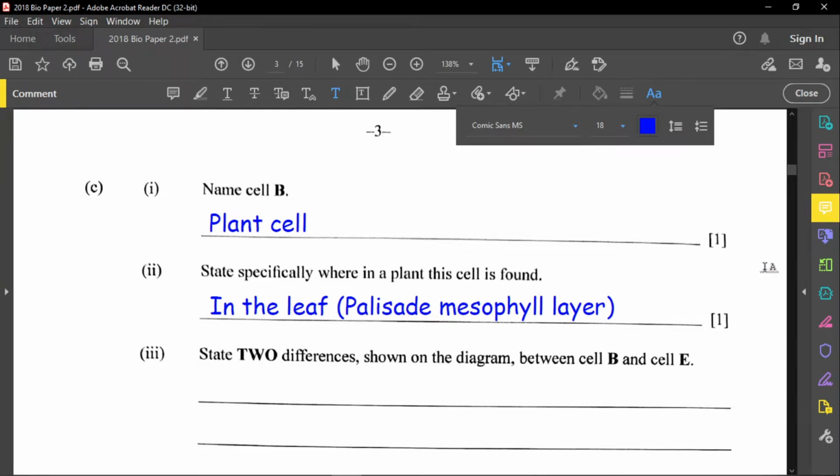Now, part 3 says state two differences shown on the diagram between cell B and cell E. So let's look at the diagram carefully for B and E. Cell B, you know that it is the plant cell, as we named up here.